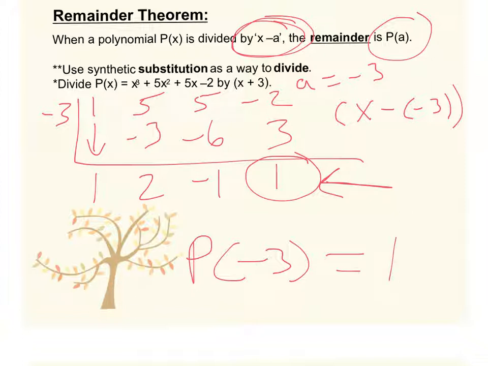It tells me some information about this graph, mainly what the ordered pair that goes with x equals negative 3 is. In this case, y is 1. It's not a 0, which is fine. Synthetic division can still tell you other stuff besides the zeros, but I don't have a 0 in this case.